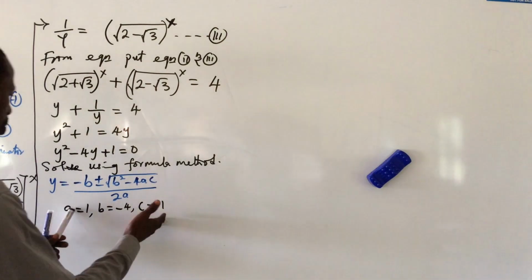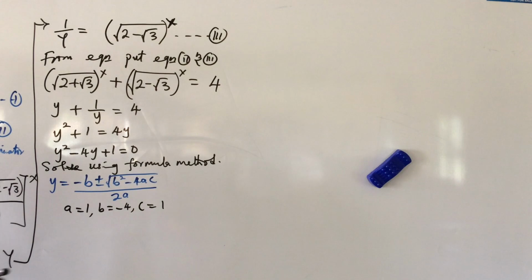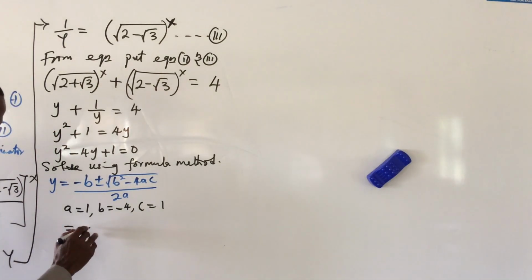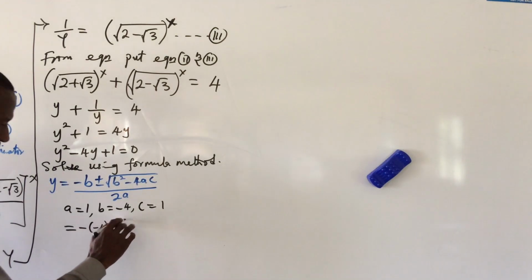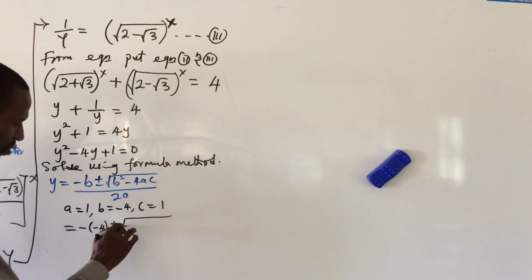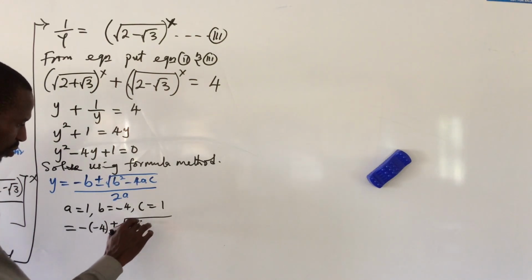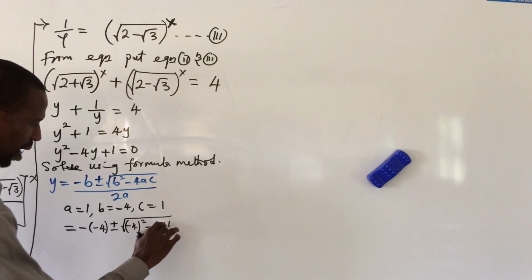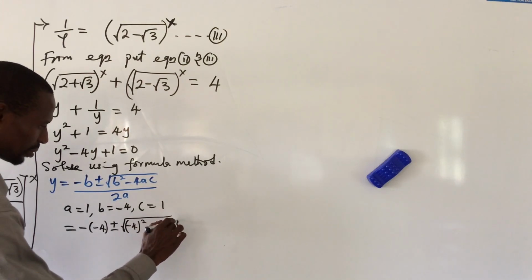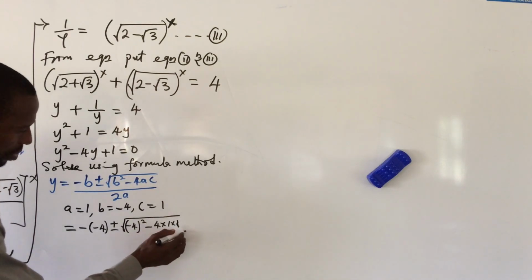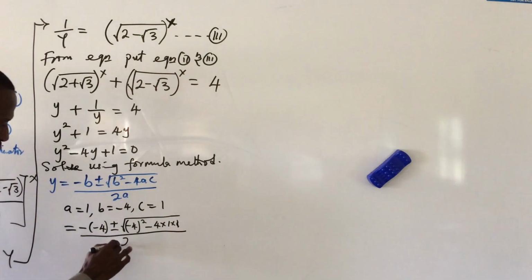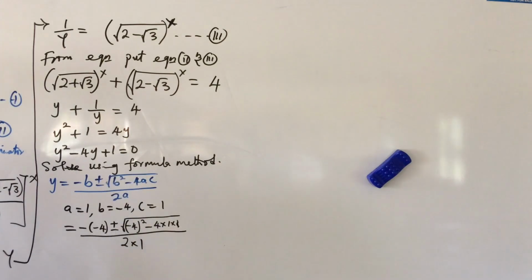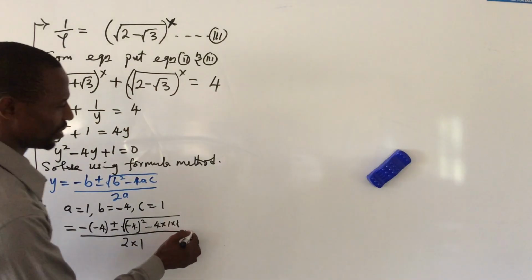So if we put the whole of this into this equation, we're going to have here y equal to minus bracket minus 4 plus or minus the square root of minus 4 all squared minus 4 times 1 times 1, all over 2 times 1. All right. Wow.